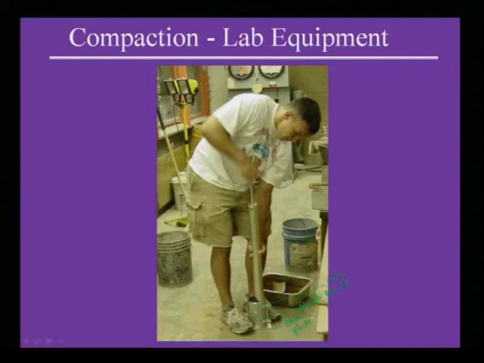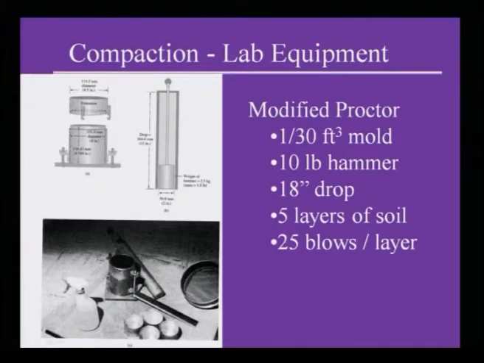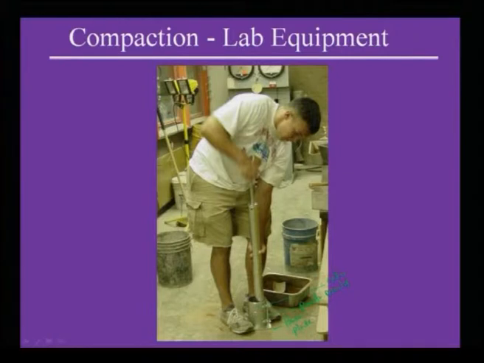Pull this hammer up to a height of 304.8 mm, the height of fall being 30 centimeter, and on average you allow it to fall around the periphery so all the soil will be compacted.